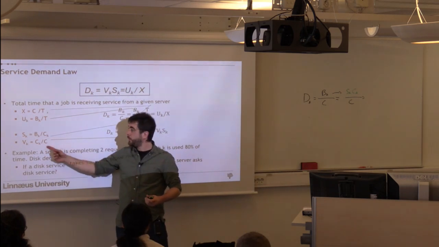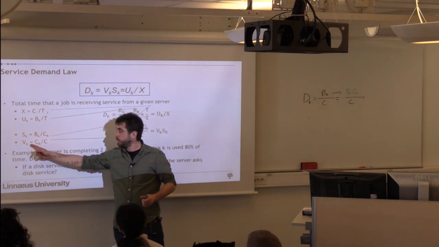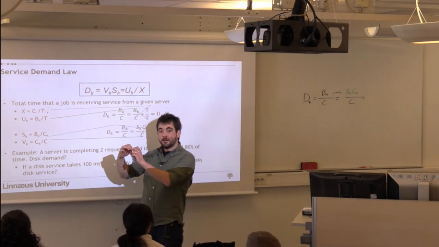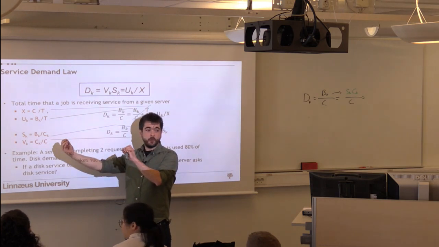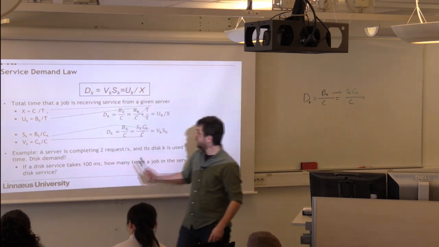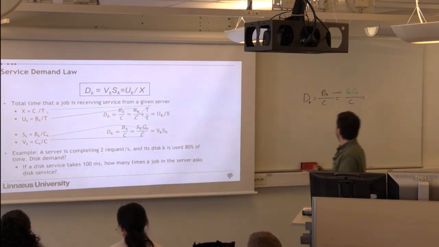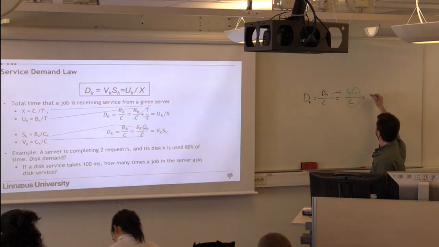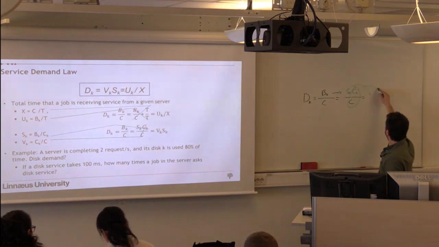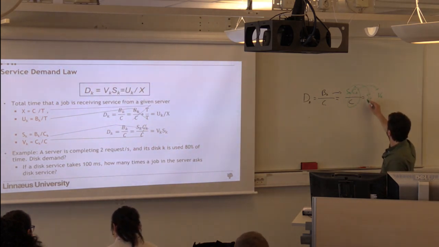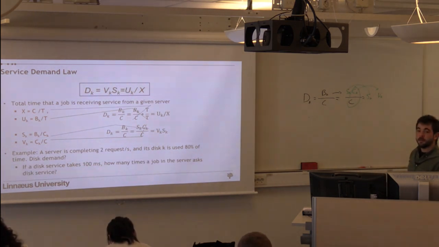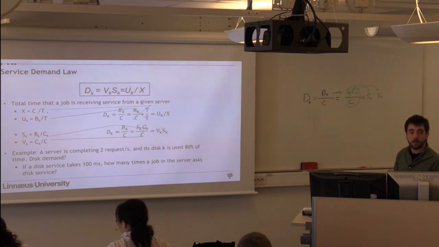Now we know that the number of visits to a resource can be computed as the number of the jobs that completed in that resource divided by the number of jobs that completed in the system, C_k divided by C, and we have here a C_k divided by C. So this is the number of visits, and we have that the demand is equal to the service time in the resource multiplied by the number of visits to that resource.